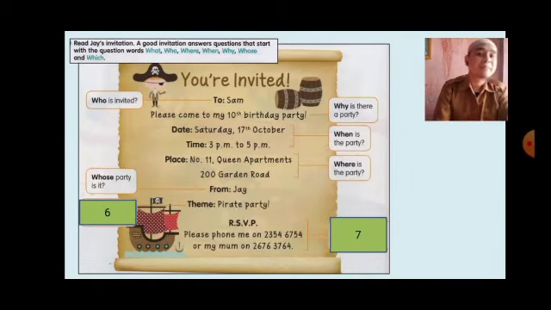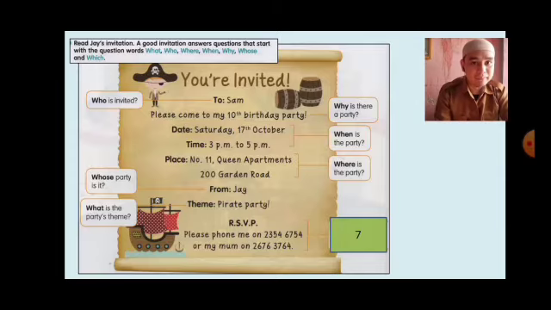Number 6. What is the theme of the party, or what is the party's theme? And the answer for this question is Pirate Party.